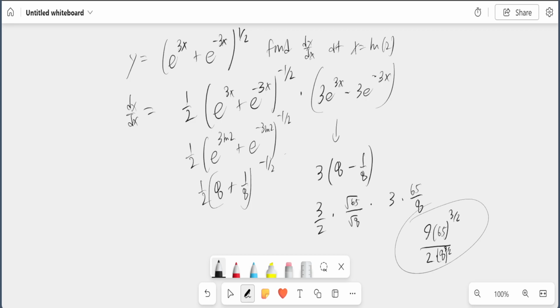Okay, that's what I got, but the answer key was something really weird. It was 40 times 82 to the negative. Okay, so what I'm thinking is they tried simplifying it, which is okay. So I'm assuming they turned this into 2 root 2.